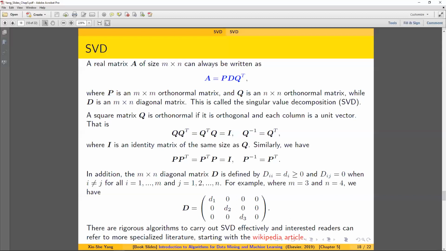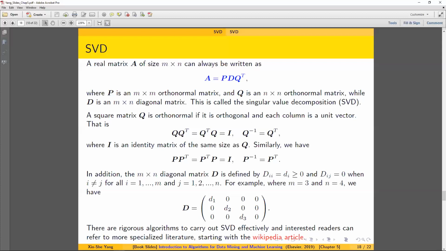A square matrix Q is orthonormal if it is orthogonal and each column is a unit vector. Each column is orthogonal to each other, and each column has a norm of one, a unit vector. If the matrix satisfies those conditions, then we call it orthonormal.